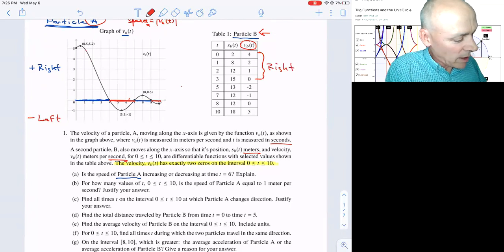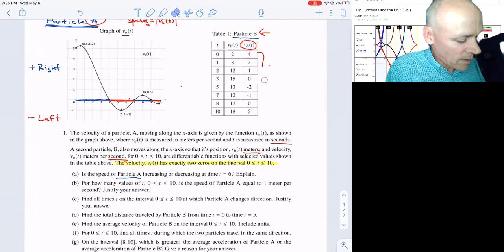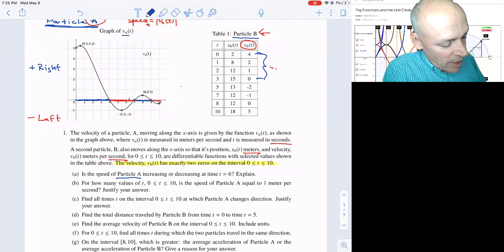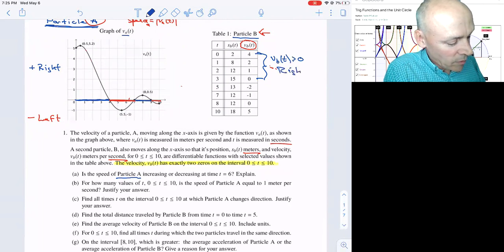I'm going to use blue just to indicate that. So where velocity is positive, and it's moving to the right, that's going to be my interval from 0 to 3.